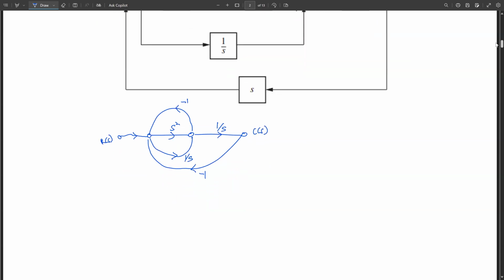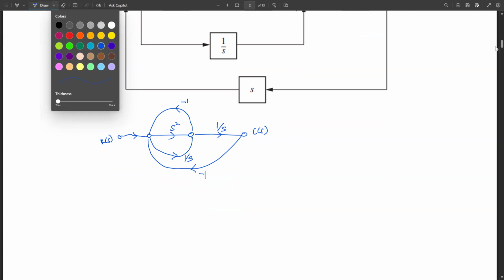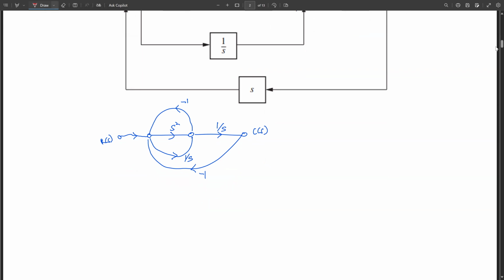So the forward path, I'm going to say it again, is simply the path that links the input to the output. And if you can't find any forward path at all, then at least what you should find is just the straight line from the input to the output. That should be your first forward path. So forward path gain.